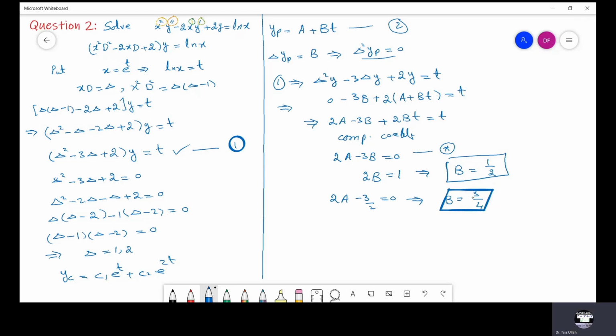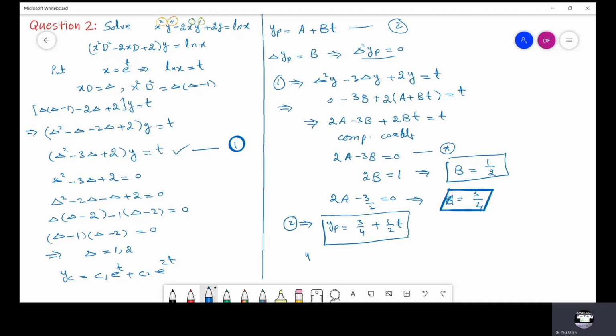Now let us put these values in 2. So 2 becomes yp is equal to a. Sorry, this one is a. A is 3 by 4 plus b is 1 over 2t. That is the required particular integral.